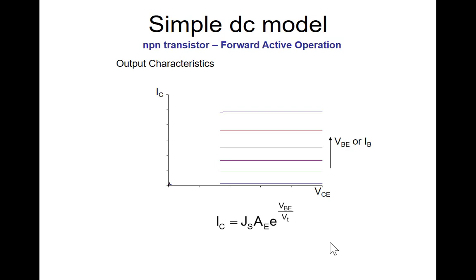Since the collector current is proportional to the base current, they would be uniformly spaced. So this might be for base current of 10 microamps, 20, 30, 40, 50, 60 microamps. The current would go up almost linearly with those increments if we have these for different values of base current.